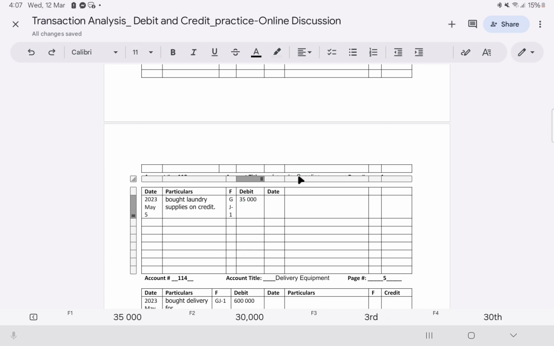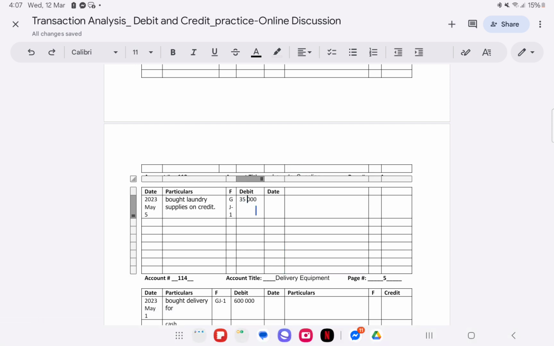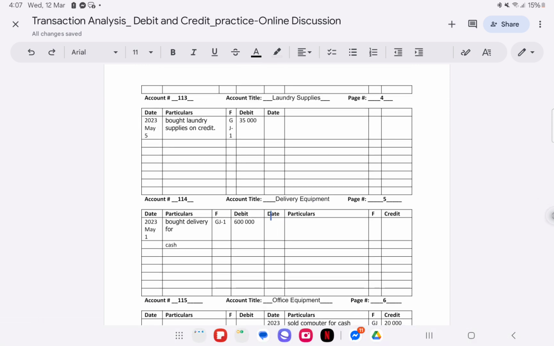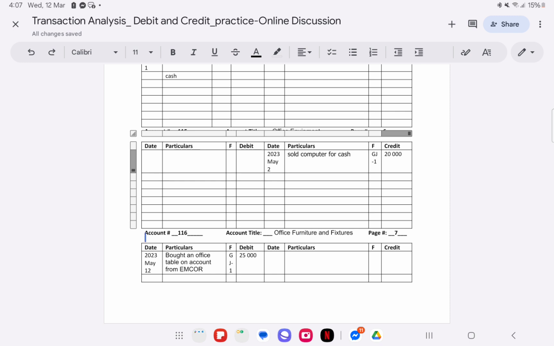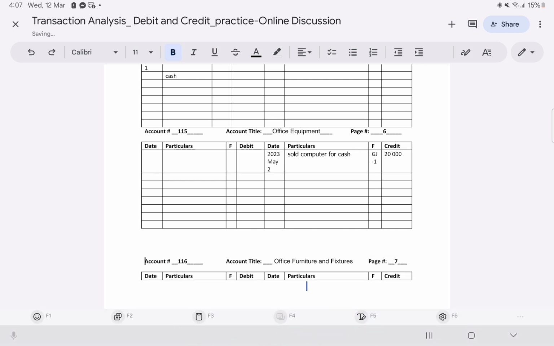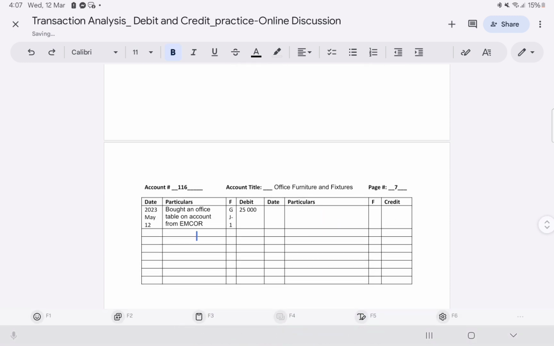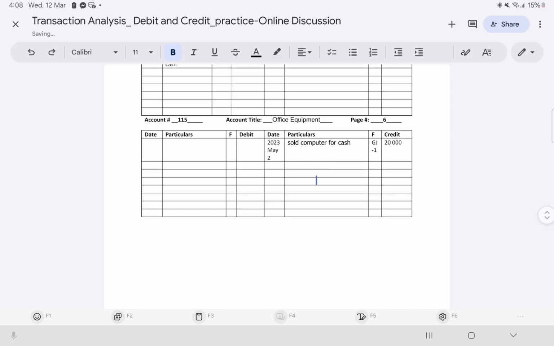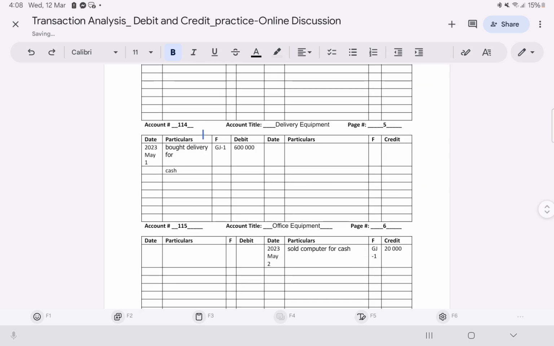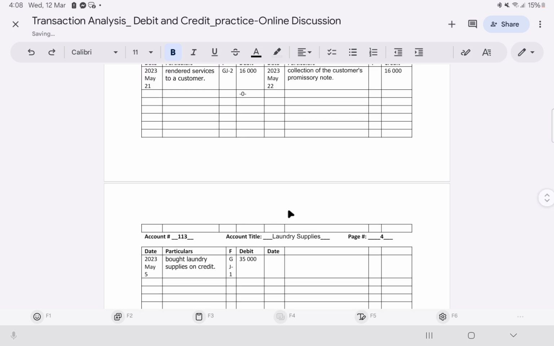Okay, so remain laundry supplies 35,000, delivery equipment 600,000, office equipment 20,000, for office furniture and fixtures. We have 25,000 in the debit. If we're going to check, no? So kailangan nato na i-close. So kailangan jud siya i-close to.